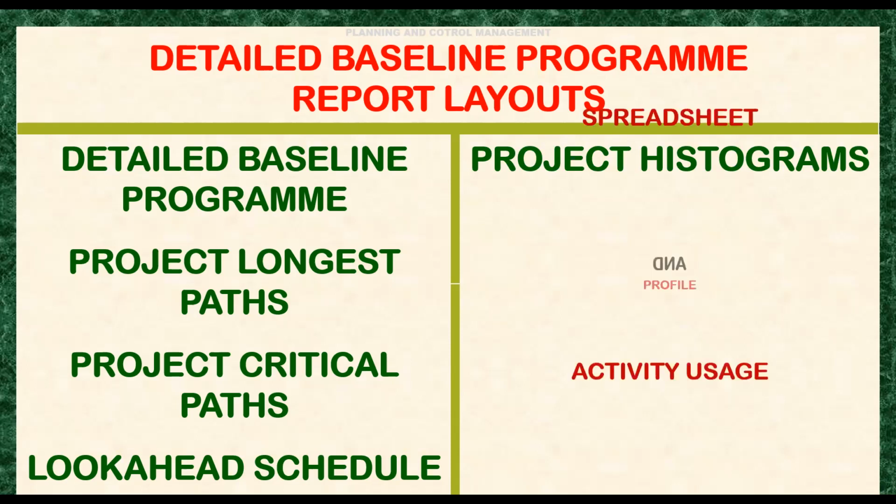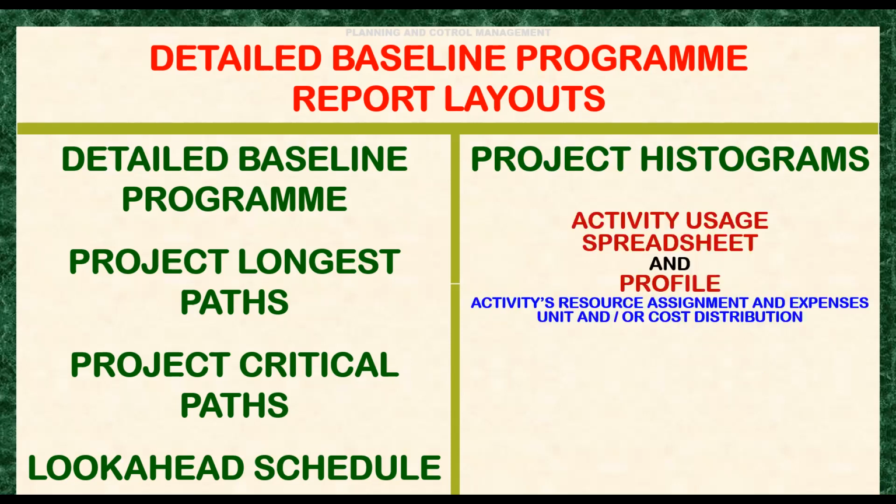We have here two types of it. We have the activity usage spreadsheet and profile. Actually, the activity usage spreadsheet is the activities' resource assignment and expenses, unit and cost distribution. While the activity usage profile is the graphical presentation of the activity usage spreadsheet.